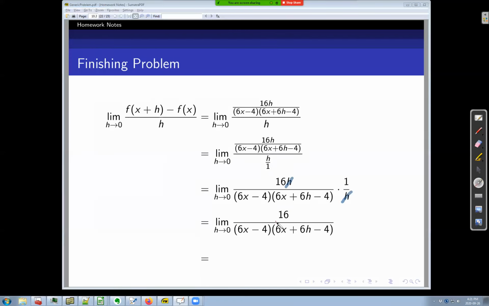And now I think it's safe to set h equal to 0, because I'm definitely not going to get a 0 in the numerator since there's no h. So setting h equal to 0 will not give me 0 over 0. So I think we're in business here.